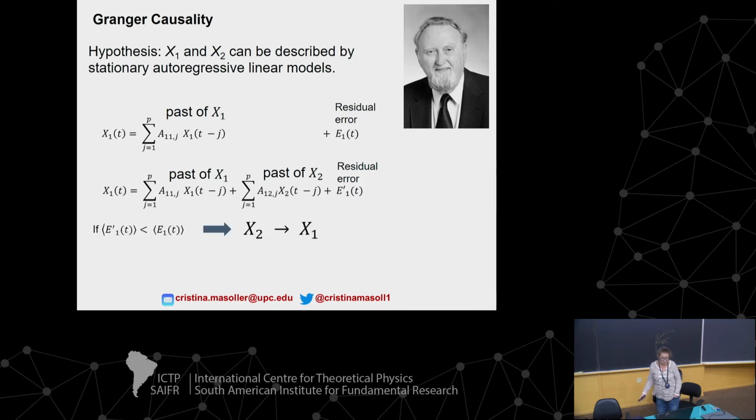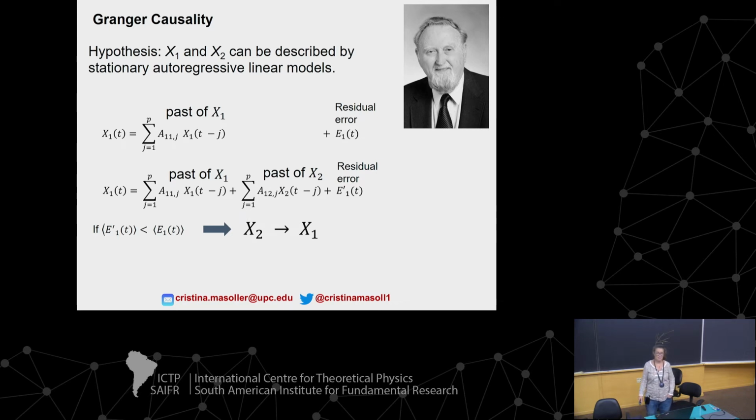So if you manage to decrease the error, the residual, we can say that this information improves the prediction of X. Knowing the past of X2 improves the prediction of X1, and that's the idea of Granger causality. X2 is causally related to X1 if the residual is smaller.